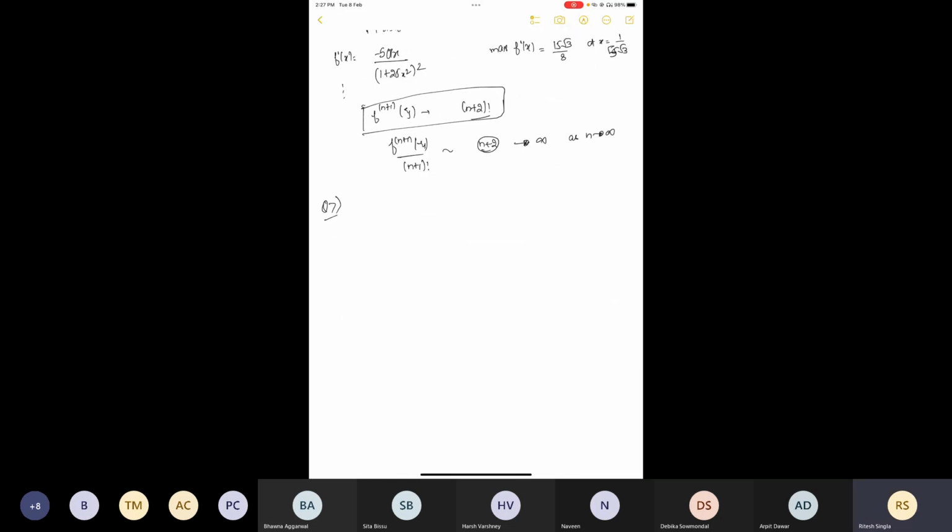Have you guys solved the whole determinant there? Have you guys solved the complete determinant, or have you used some kind of trick here?